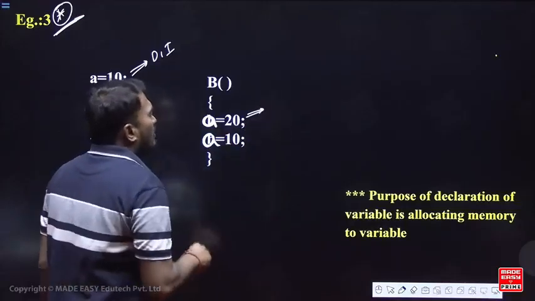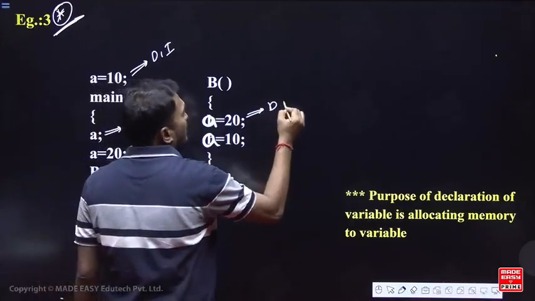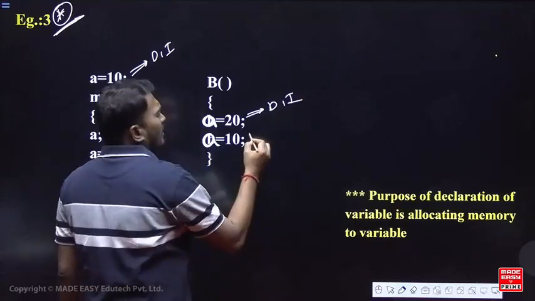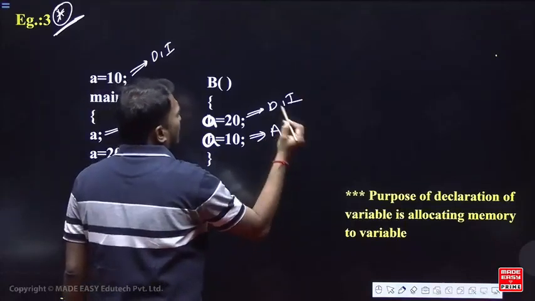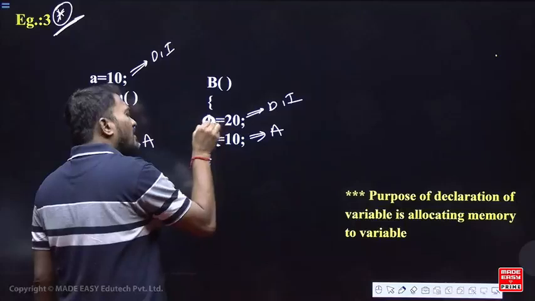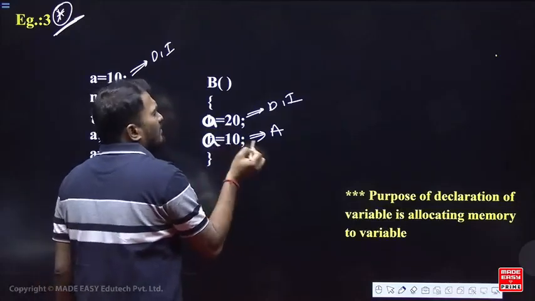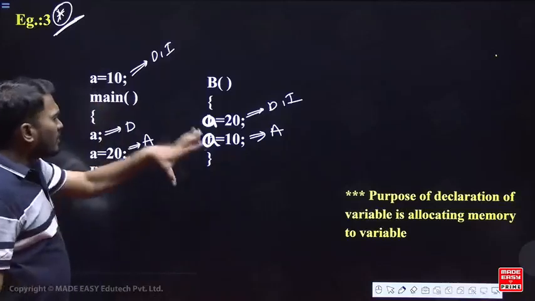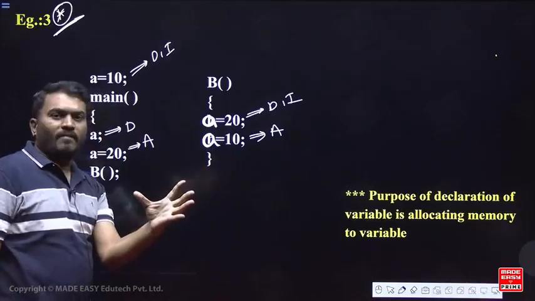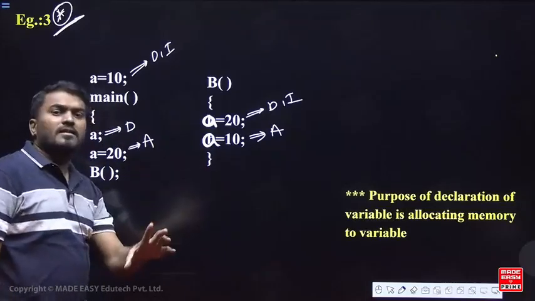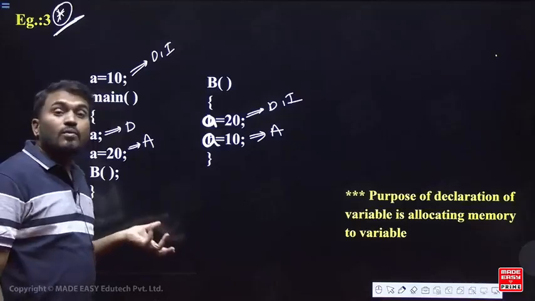Consider this as declaration and initialization, and this is assignment, because you already declared A here. How can it be a declaration again? No, this is just an assignment. So based on the program you need to understand logically, because this is just pseudo code.